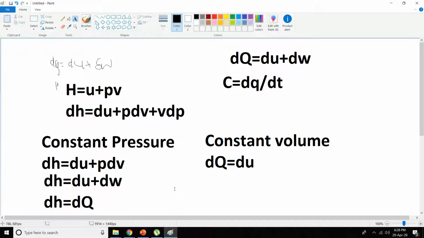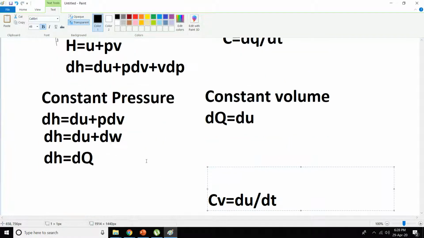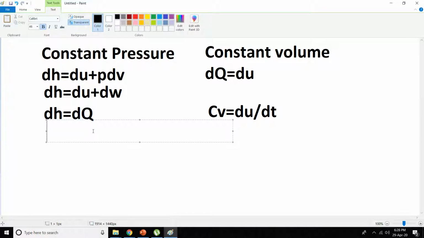So having these two substitutions, your C will now become, at constant volume, Cv is equal to dQ, which is dU divided by dT, and at constant pressure Cp is equal to dH by dT.